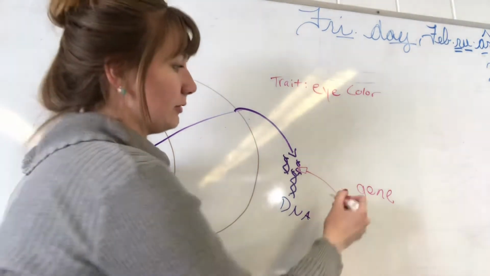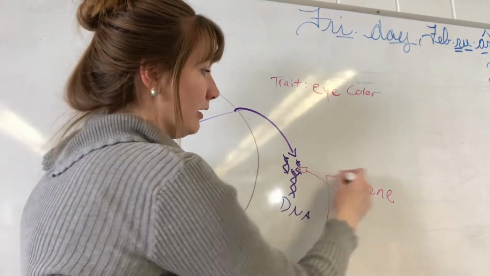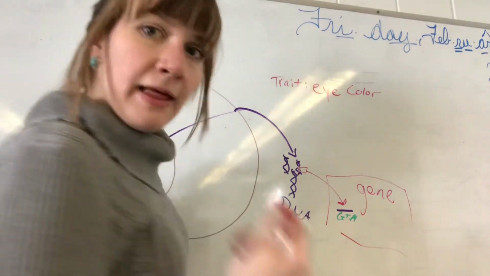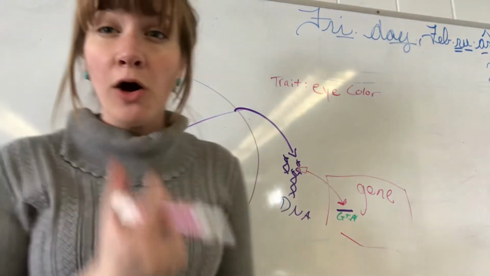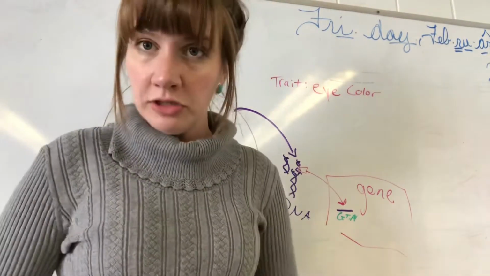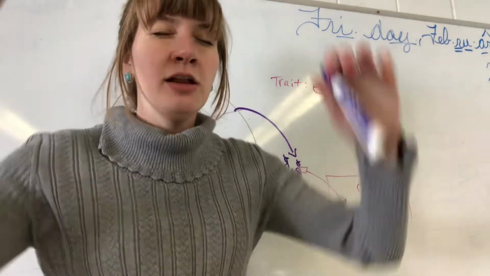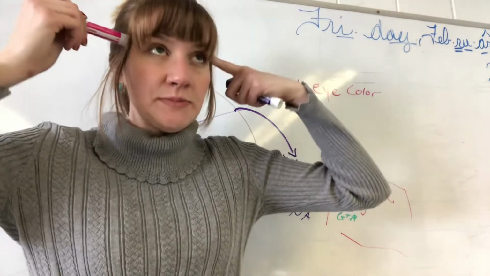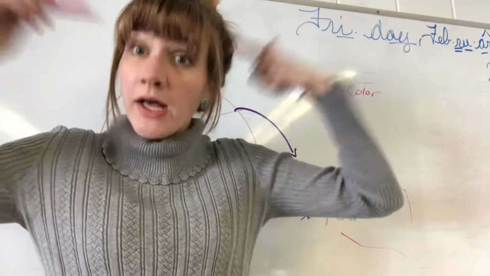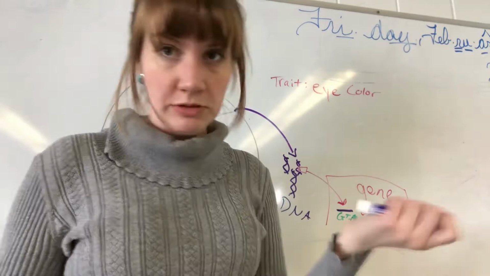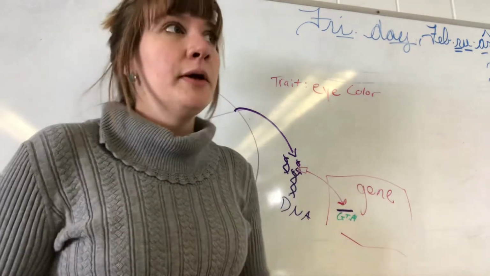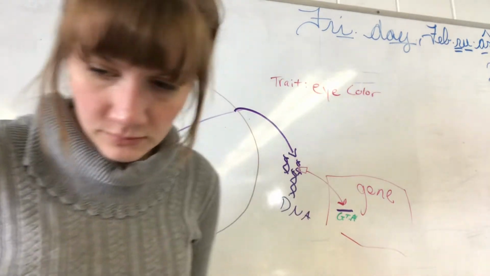So when I'm talking about genes, I'm talking about the part of DNA, that little tiny part of DNA that gives you a code for what something's going to look like. So remember that: a gene is a little part of DNA that tells me the trait, what something's going to look like. That's what a gene is.